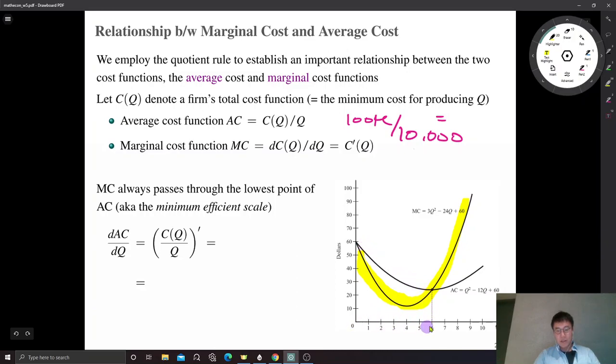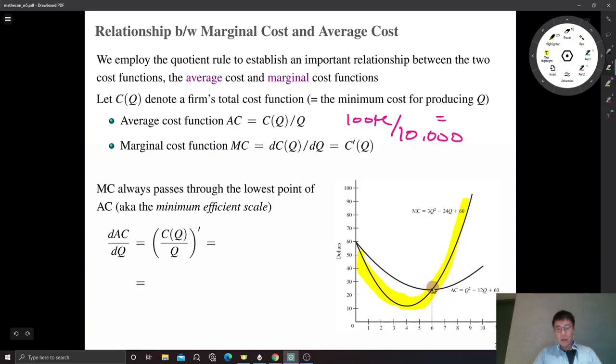So in this region, marginal cost is always below the average cost function. But whenever the average cost function is increasing, now marginal cost is above average cost. So as a result, the marginal cost function always passes through the minimum, the lowest point of the average cost function, as is displayed in this figure.